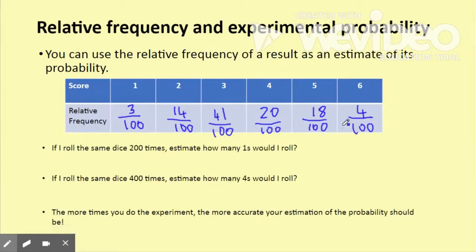Okay, so to continue the example, I've just copied the relative frequencies from the previous slide. It is worth saying at this point that although here I'm representing these relative frequencies as fractions, you could also see them as decimals. Now I'm going to use these relative frequencies to make some estimations about how many outcomes will happen depending on how many trials I carry out.